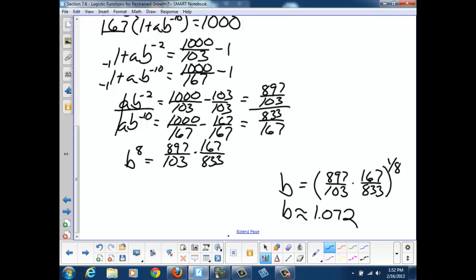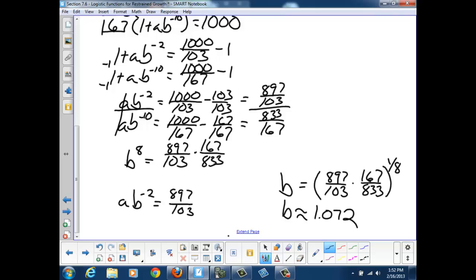Now that I have b is equal to 1.072, I can go back into my original equations and solve for a. So I'll use my first equation, where I've got this set up as ab to the negative 2 is equal to 897 over 103.